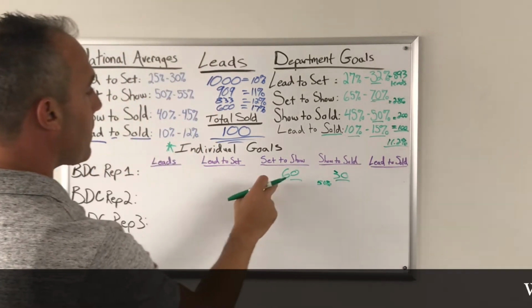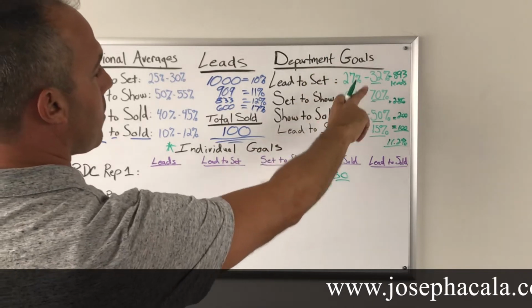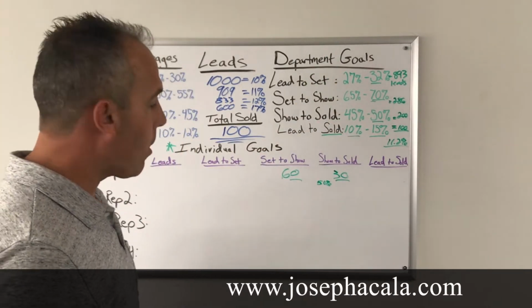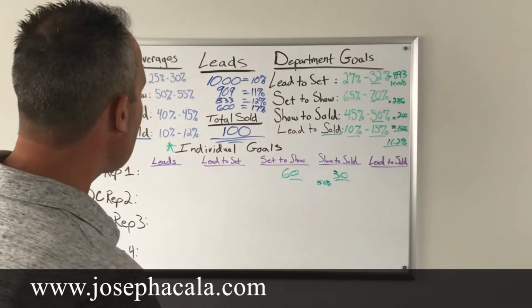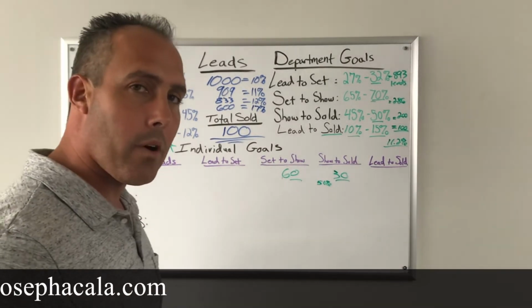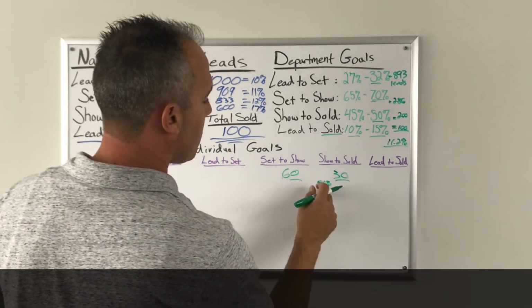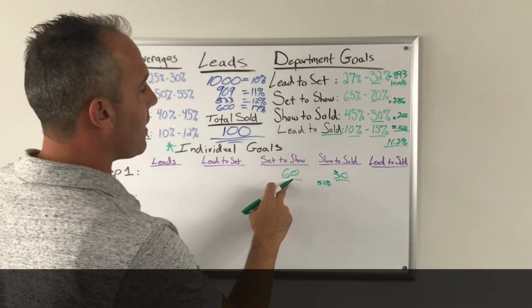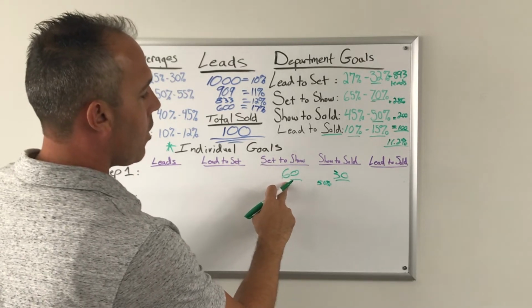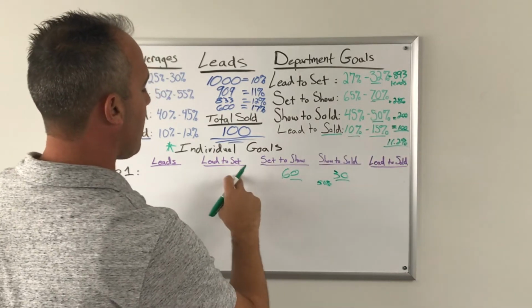From here, this is going to help you use these numbers and percentages that are your goals in the department to understand what they need to set for appointments and how many total leads they need to be working actively. So here's what you're going to do. You divide this into this, you're at 50%. Then you take your total set to show number here, and this divides into 70%.